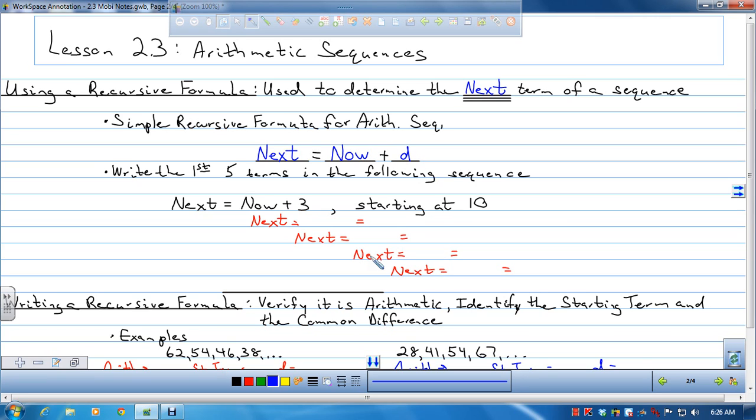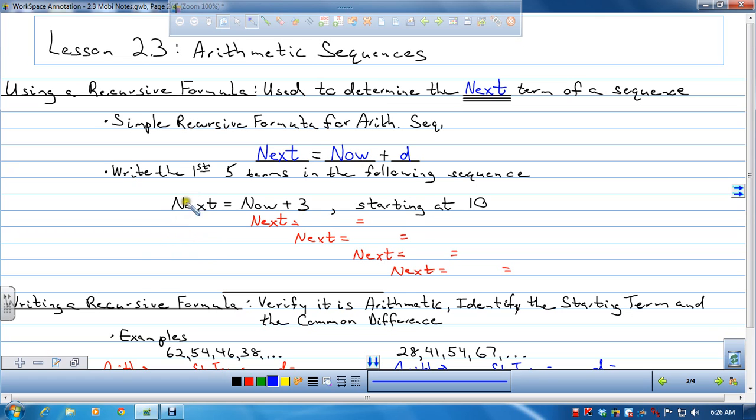Now it's important to note that that common difference represents in itself whether it's going up or down. If you are increasing, then that common difference is positive. If that sequence is decreasing, then that would be a negative, and you would be adding a negative value, thus subtracting and decreasing that. Okay.